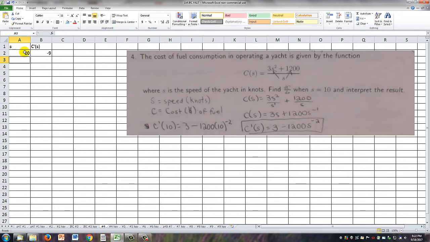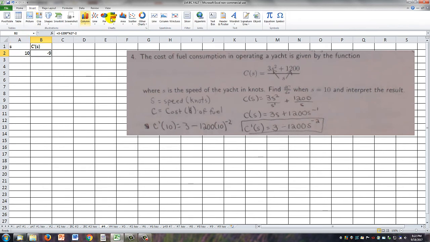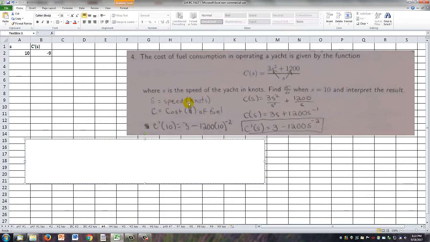So this is an instantaneous rate of change. Let me make sure I put it in right. Okay, and so this time it's a negative 9. So to interpret this, we know that the units are going to be dollars per additional knot. So at 10 knots, the function is the cost of fuel.